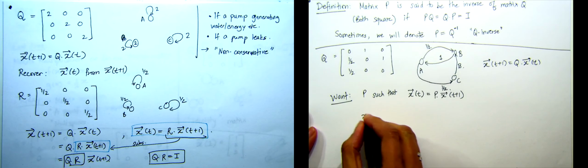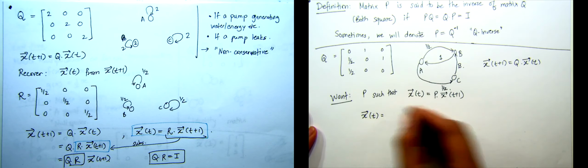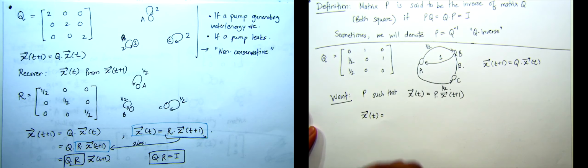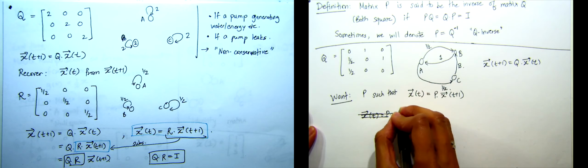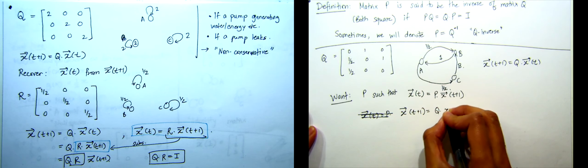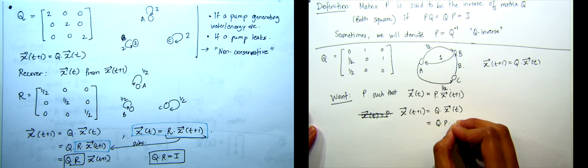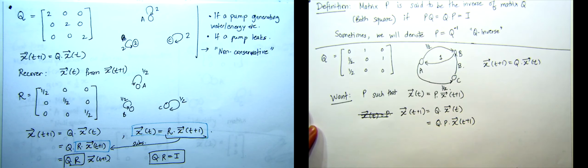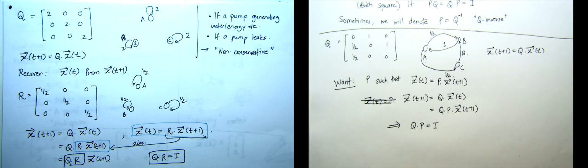We know that we have x of t is equal to p times x of t plus 1. Actually, let me write it this way. x of t plus 1 is equal to q times x of t, which is equal to q times p times x of t plus 1. Which implies that I want q times p to exactly be equal to the identity.